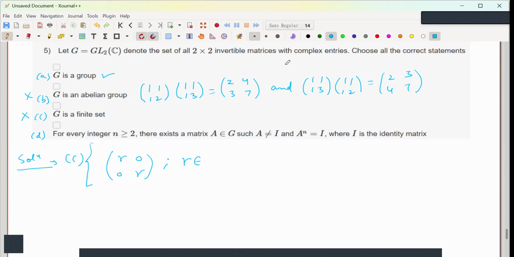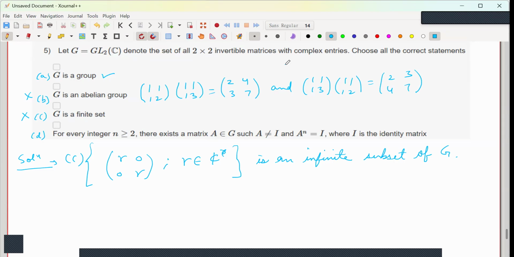If r is non-zero, then r squared will also be non-zero, and the determinant is just r squared. So we can simply take this. This is an infinite subset of G.